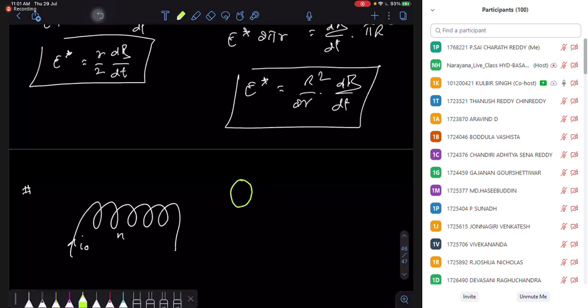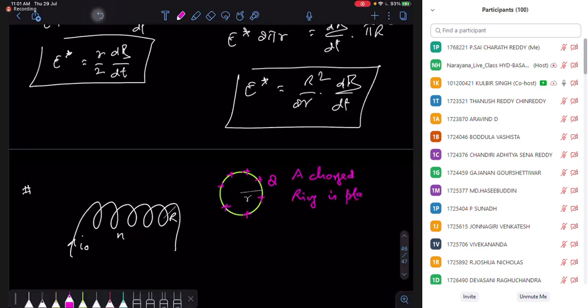This ring is made up of insulator, with small r as its radius. The radius of the solenoid is capital R. The total charge on the ring is Q. The charged ring is placed inside the solenoid with the same axis. Both are coaxial.